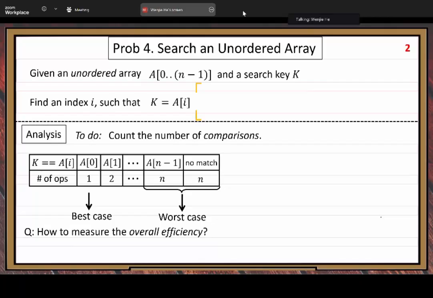We need to look at how to measure the overall efficiency of this search algorithm. We need a lot of discussion on this. Let us take a 10-minute break. After you come back, in the second half, we will complete the discussion of overall efficiency.